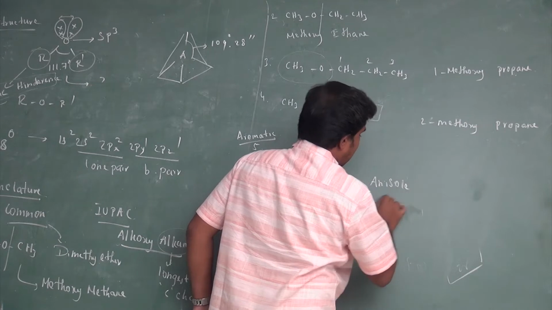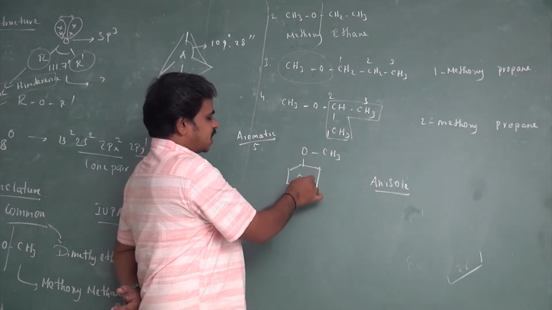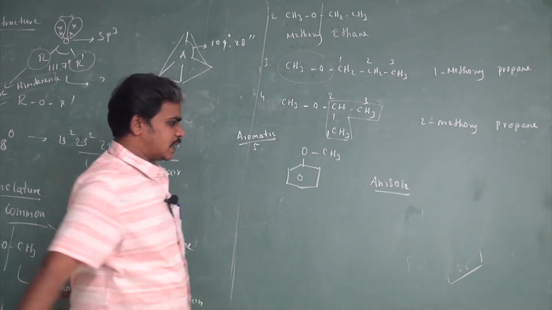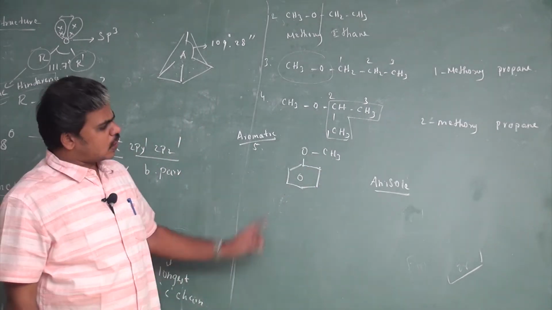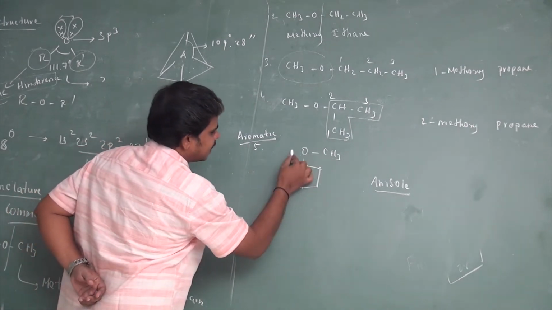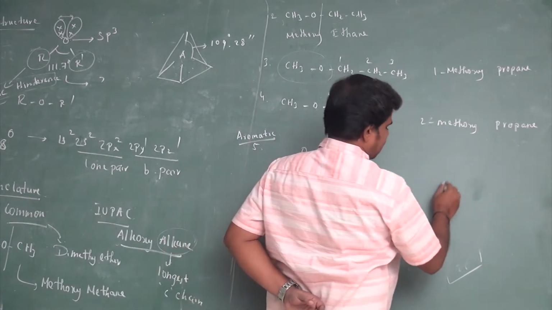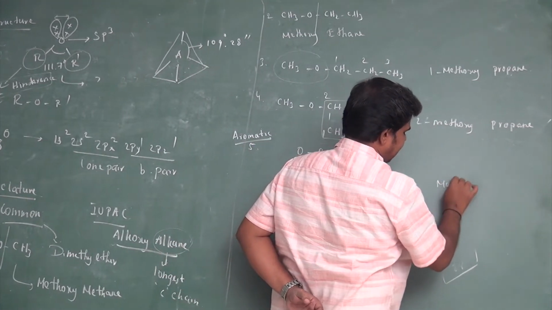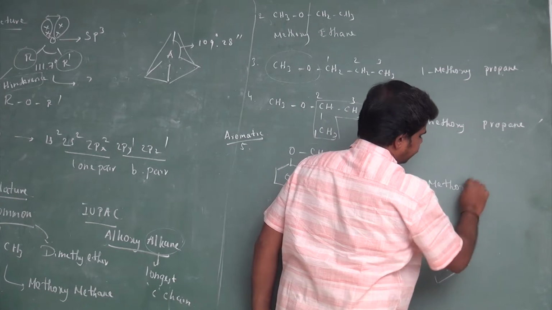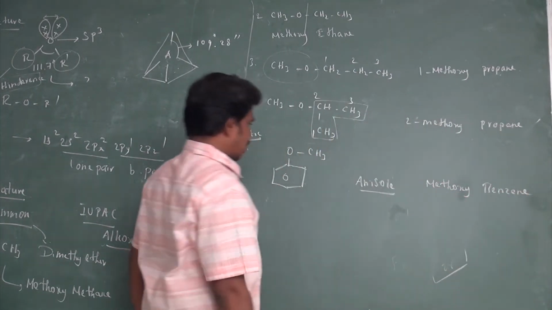Anisole is a special name. C6H5OCH3 is called anisole. Then what is the IUPAC name for anisole? It is methoxybenzene. Methoxybenzene is the IUPAC name.